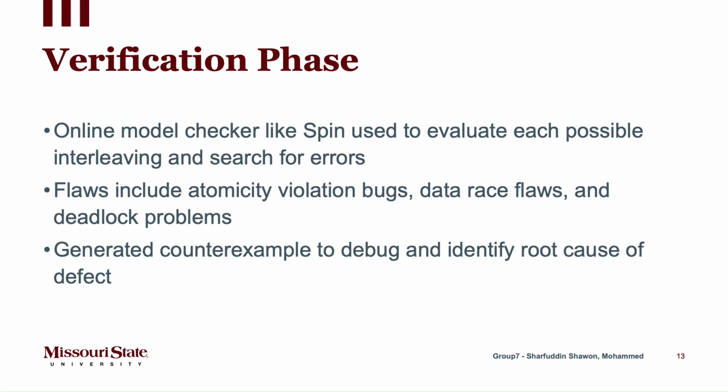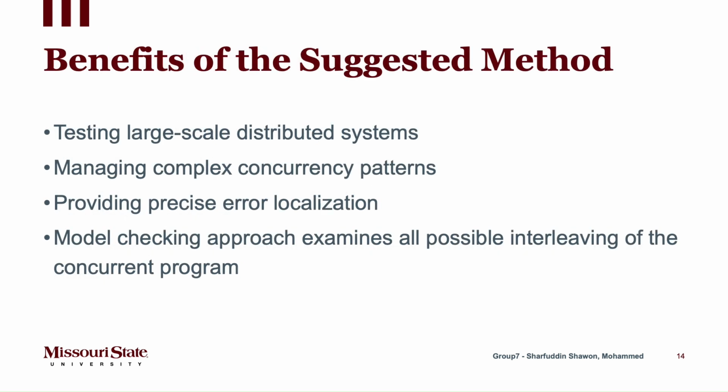Now let's talk about the benefits of using this model. Our suggested method for concurrent issue detection has several benefits over the existing ones. To start with, it can test large-scale distributed systems, which are often challenging to test using traditional testing methods.